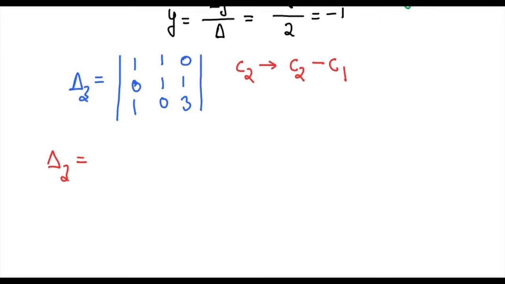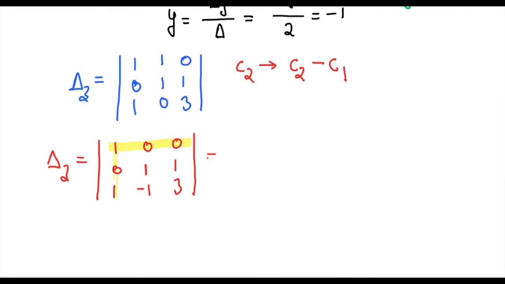Del z is equal to, column 1 as it is, 101, C2 minus C1, that means 1 minus 1 is 0, 1 minus 0 is 1, and 0 minus 1 is minus 1, and 0, 1, 3 as it is. Now expand it according to the first row.